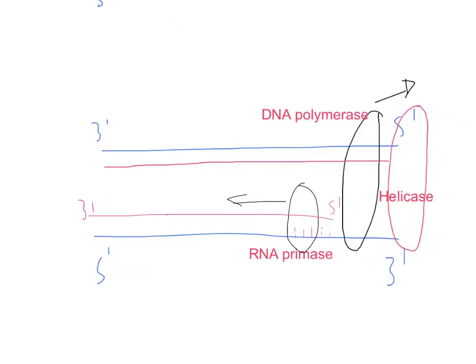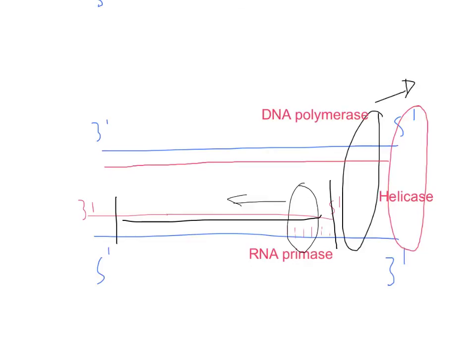The opposite strand, which is running 5' to 3', we need an RNA primase to lay down a few nucleotides so that the DNA polymerase can add nucleotides back, and we call these fragments that get opened up over time Okazaki fragments.